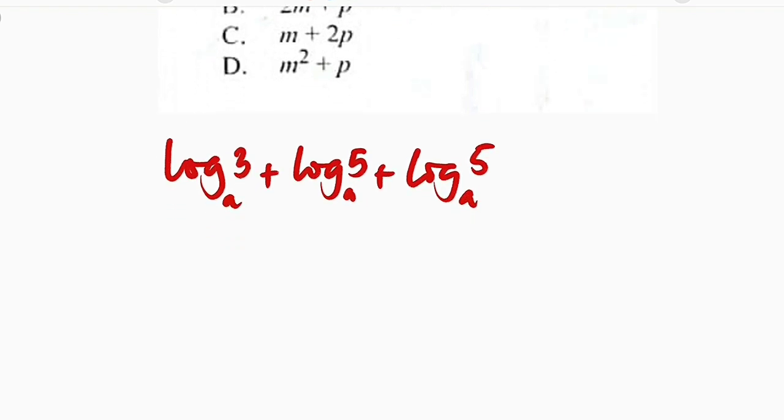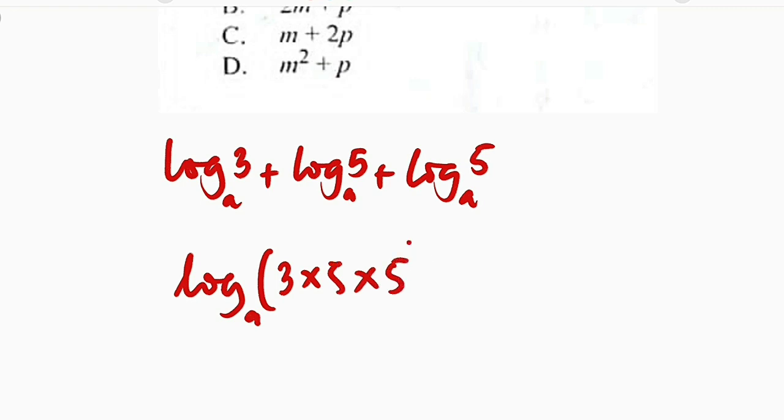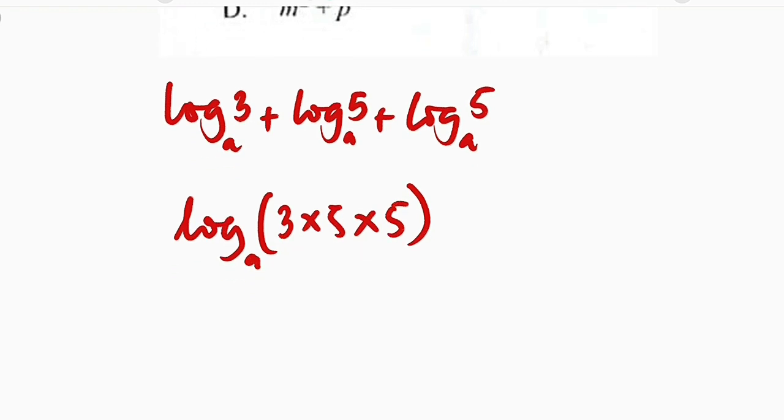Because according to one of the laws of logarithm, if you have addition between logs of equal bases, you can always multiply the arguments. So we can take log to base a, then multiply the argument 3 multiplied by 5 multiplied by 5 again, which I believe is 75, right? So this is equal to log of 75 with the base of a.